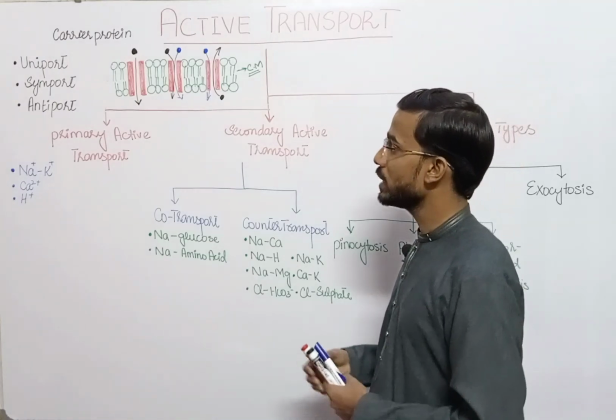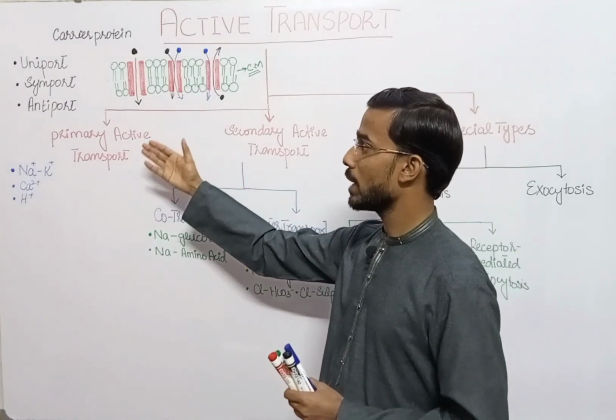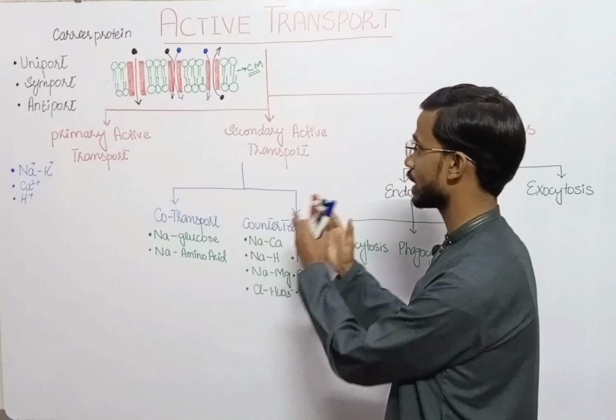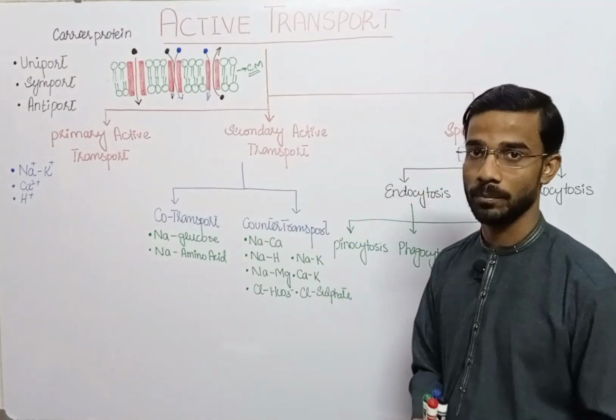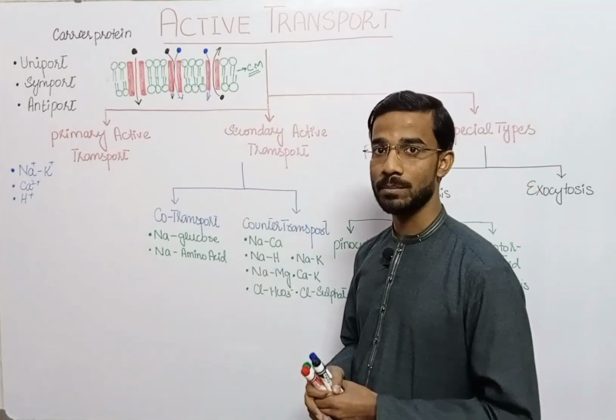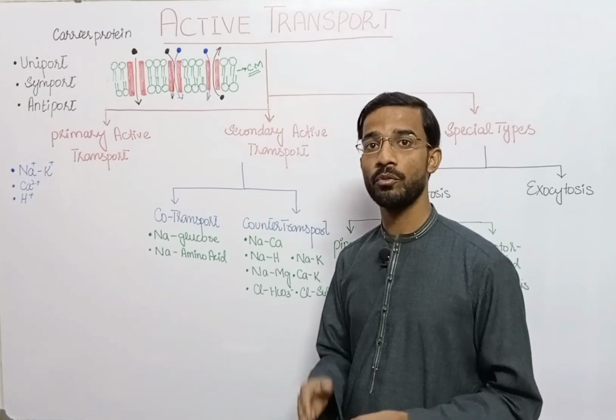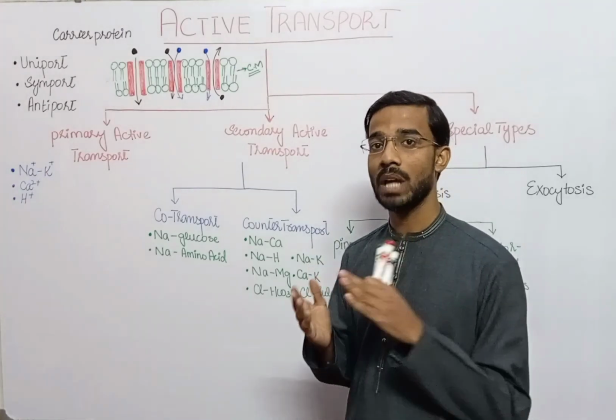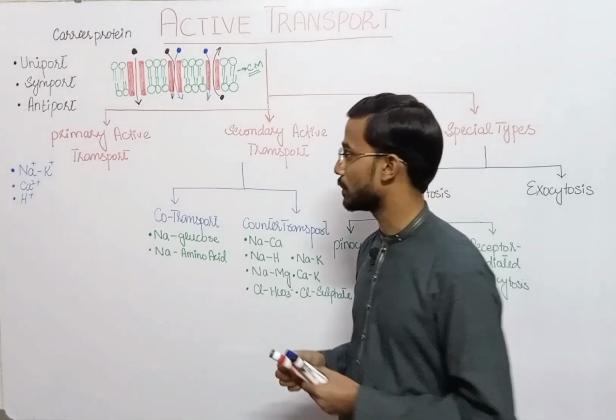Now we will discuss primary active transport and secondary active transport. In primary active transport, the molecule will move from low concentration to the higher concentration with the use of ATP.